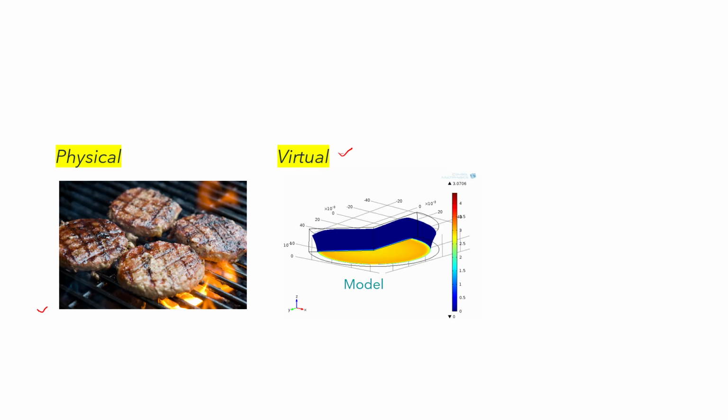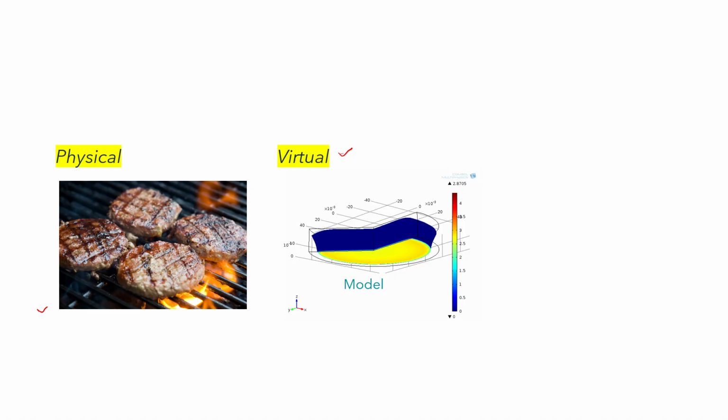As you can see, how it's changing with time, it's shrinking, and also whatever quantity we're talking about, whether it's temperature, moisture, bacterial load, or some quality aspect, it's changing with position. So this is the simulation.